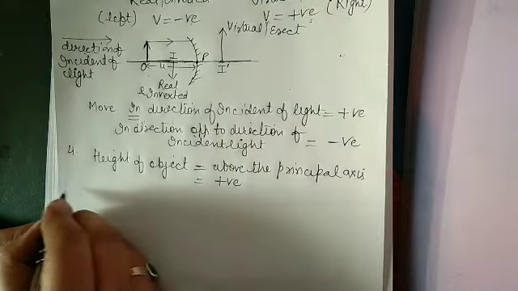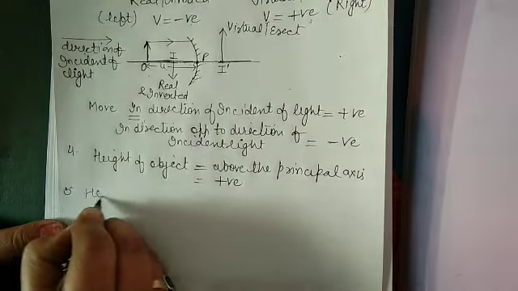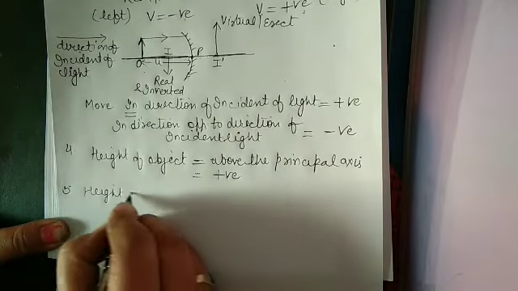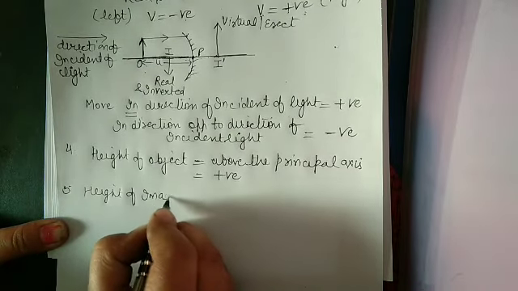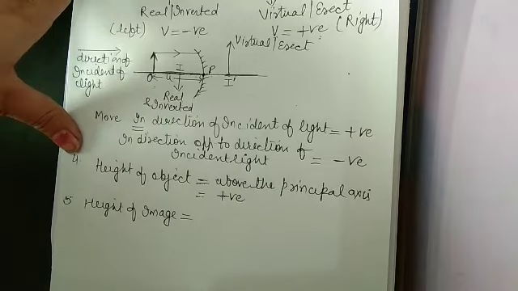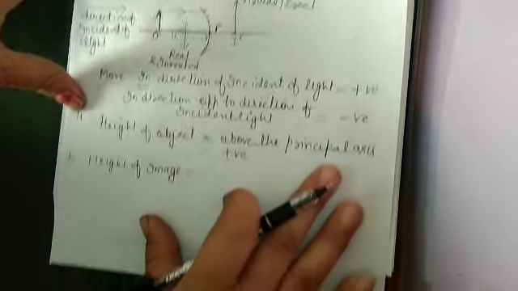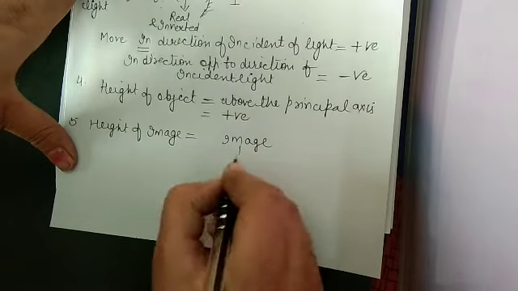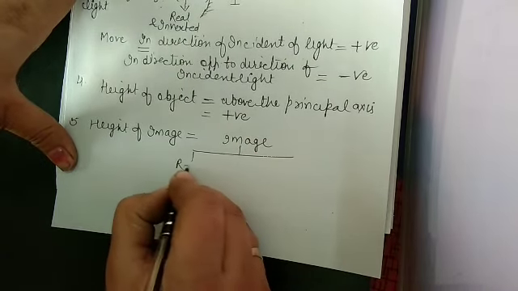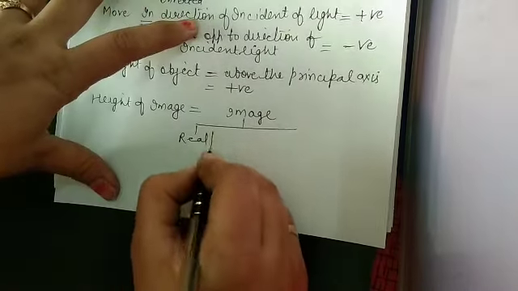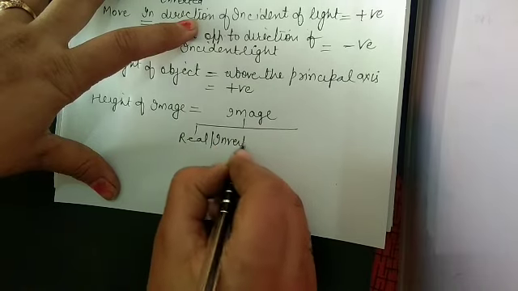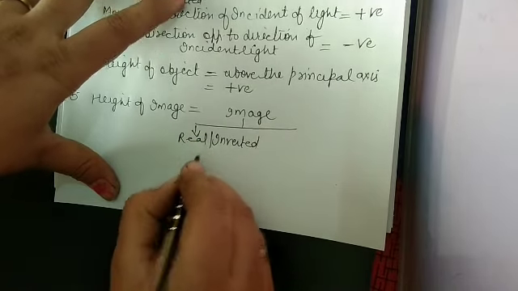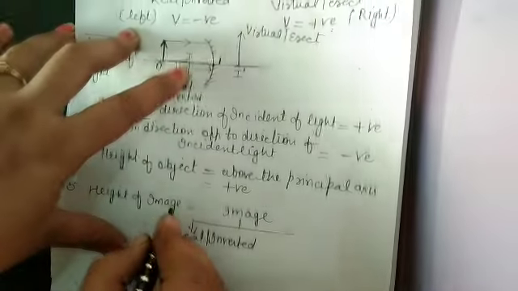Okay, and next is the sign for height of image. As the image may be real or virtual. If image is real, it means it is inverted. Inverted means it is below the principal axis.